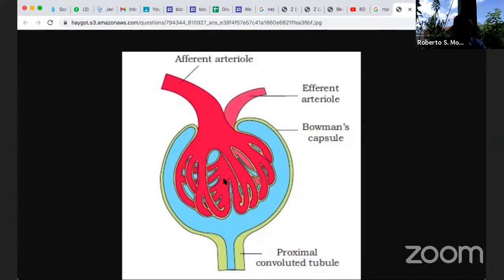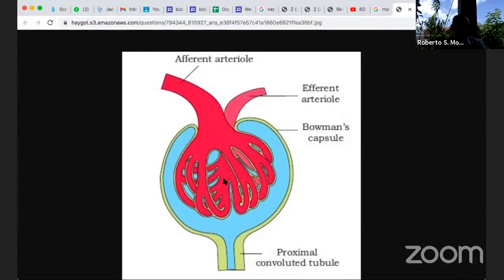The waste products, which are the filtrate, will be captured, will be caught by the baseball gloves, that is, the Bowman's capsule. Okay, I really hope you can imagine, you can visualize this in your mind so that you can understand the process.